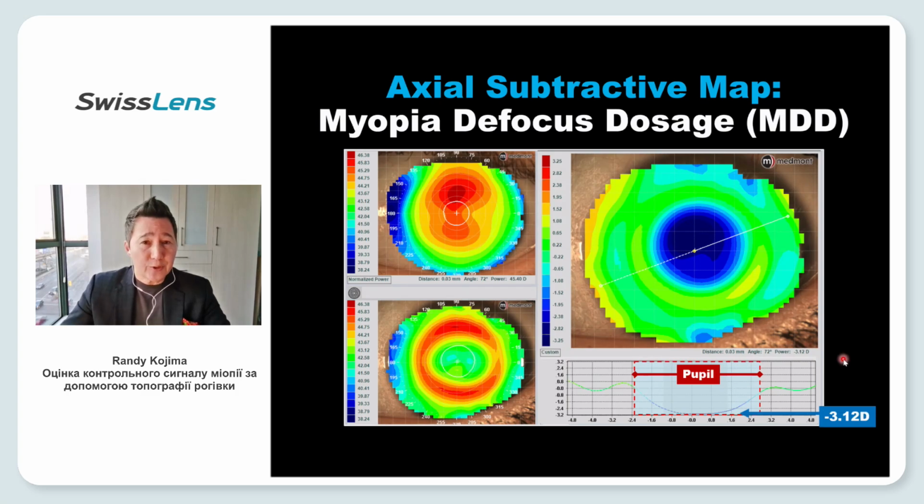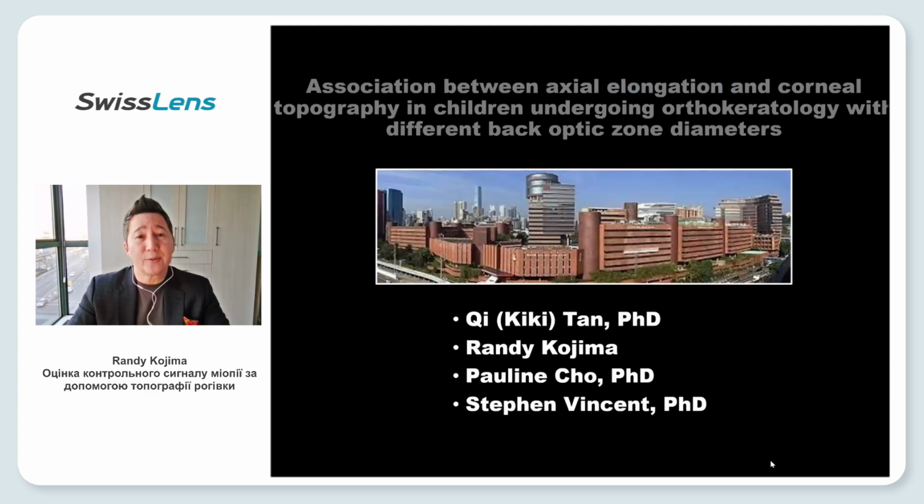Then we determine what is the Rx change on the visual axis at the center, what's the Rx change at the pupil border, and the difference would be the defocus signal, or what we've called the myopia defocus dosage. In this case, it's approximately 2.72 diopters. Is that enough to create a signal to slow down eye growth? That's the question that we wanted to ask.